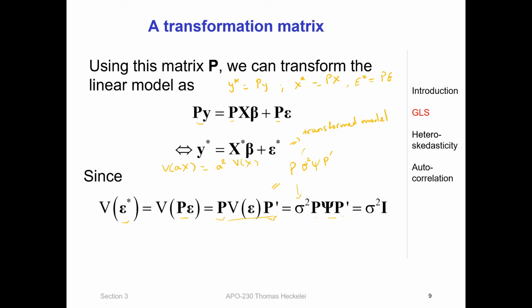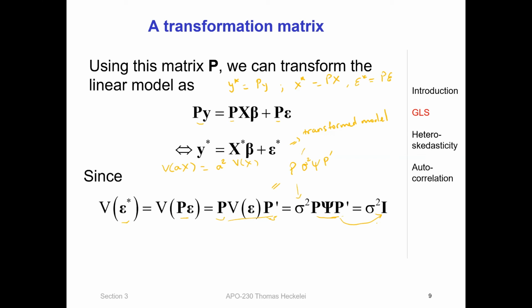And we know from the previous slide that this is an identity matrix. There we have sigma square times I again. And that means that the transformed model again satisfies the A3 and A4 assumptions from the Gauss-Markov assumptions, right?